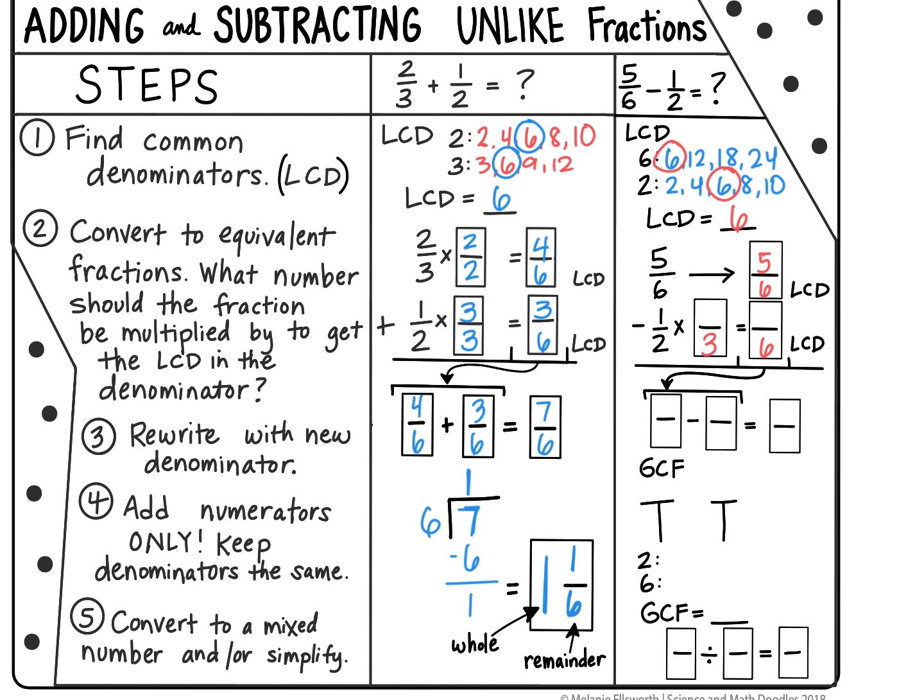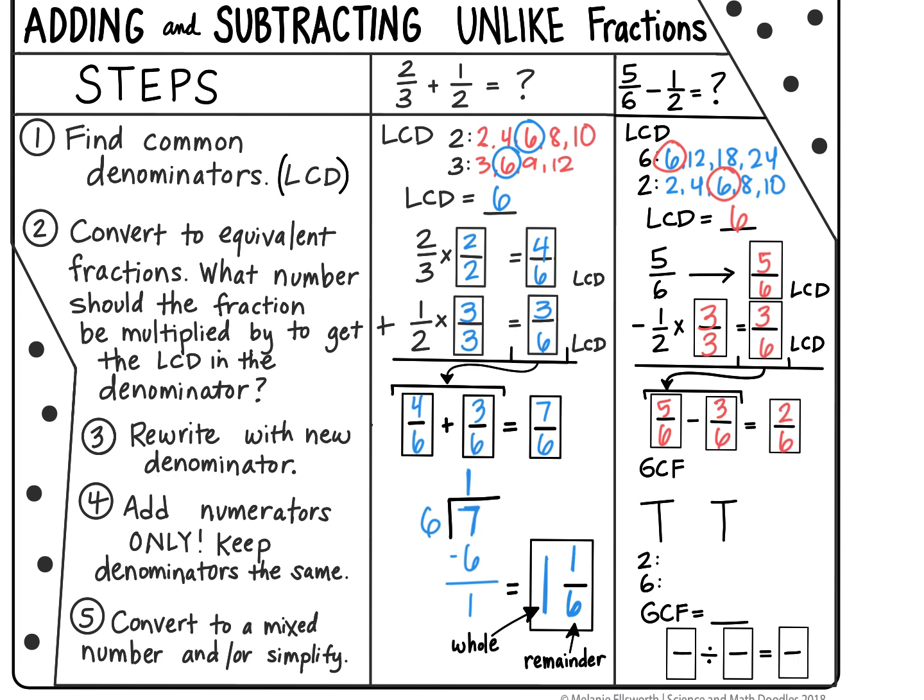It should be 3. And again, whatever I do to the bottom, I have to do to the top. So 1 times 3 gives me a new numerator of 3. So my equivalent fraction is 3/6. Now I can subtract 5/6 minus 3/6, which equals 2/6.